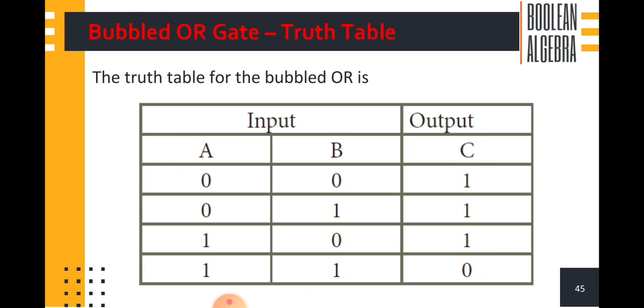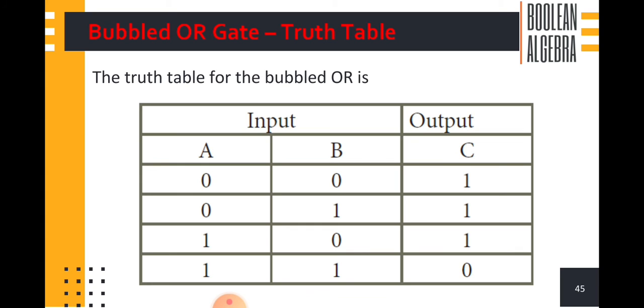You can say this truth table is similar to the NAND gate. So we can use the NAND gate or the coupled OR gate, and vice versa, because both gates have the same output. When both the inputs are true, we get the output as false, that is 0. Otherwise, the output is true.